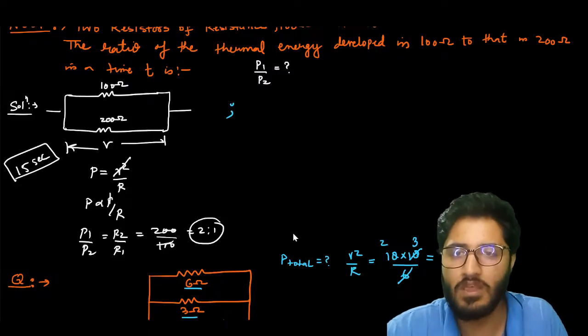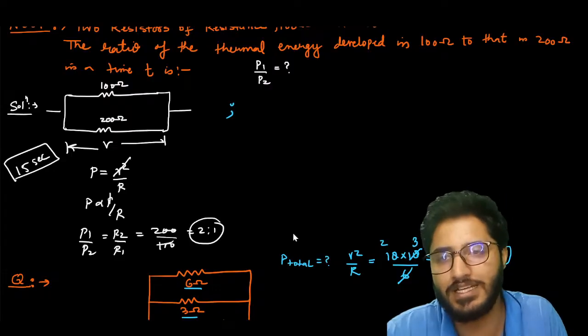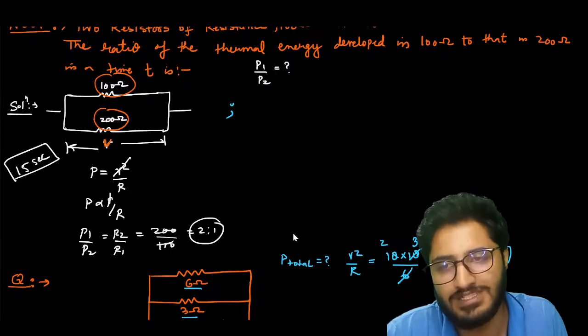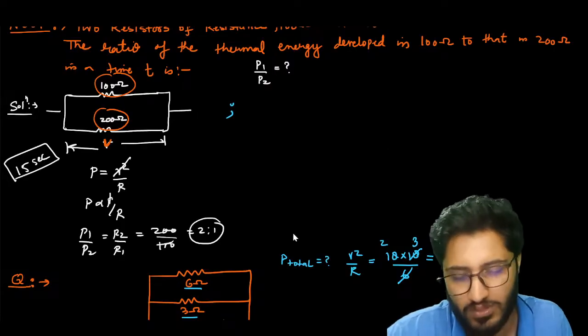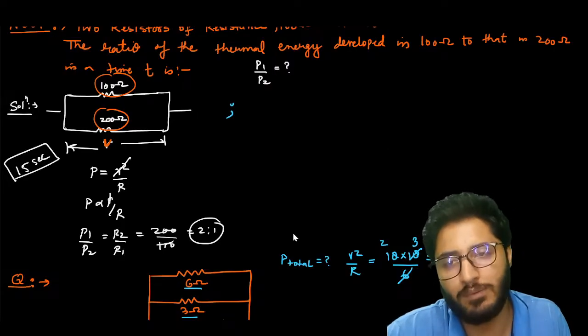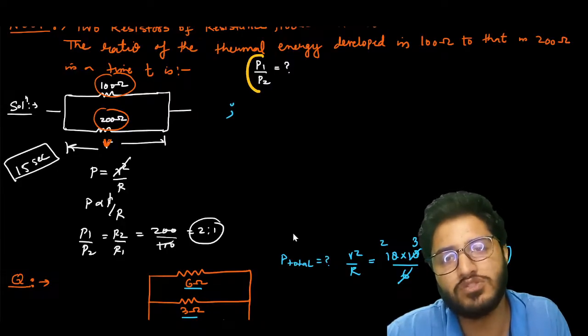We have two resistors connected in parallel, 100 ohm and 200 ohm. If these two are in parallel, that means the potential will be same, V. I need to get the ratio of P1 to P2.